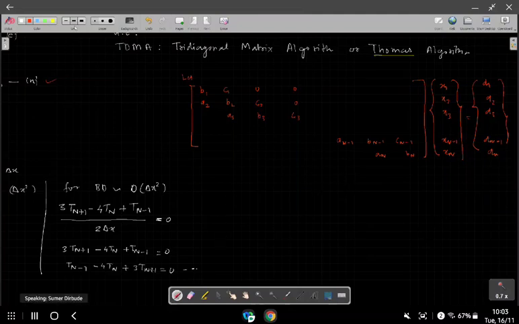So this is more like Gauss elimination only. What you do is the first row is chosen as pivot, and multiplied by A2 over B1, and subtracted from the second row.